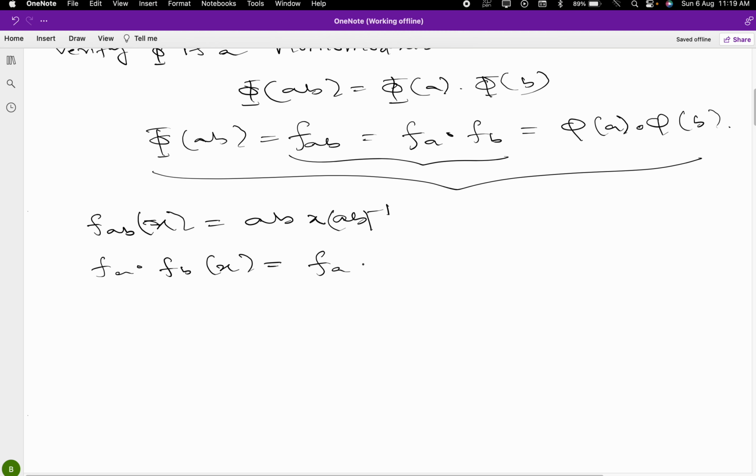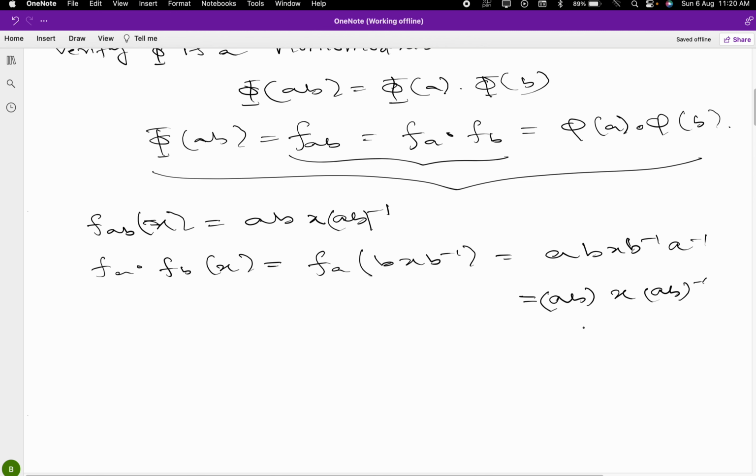That means f_a of f_b of x, which is b x b inverse at that point, and this is a b x b inverse a inverse. This is nothing but ab x (ab) inverse. Don't you think? Because (ab) whole inverse is b inverse a inverse; you are already aware of that.